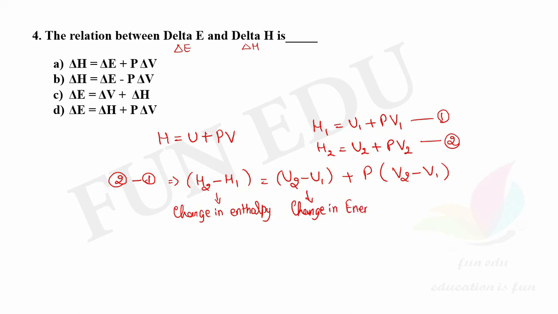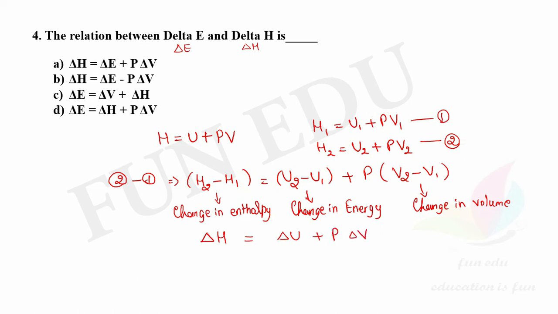So we know that this change can be written as delta, right? So the change usually is represented in terms of delta. So this is nothing but delta H. So delta H is equal to delta U plus P into delta V.